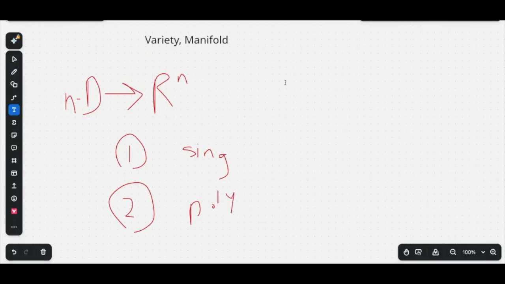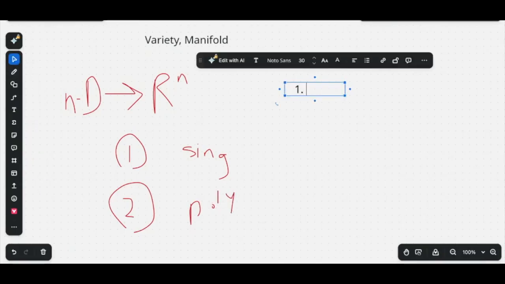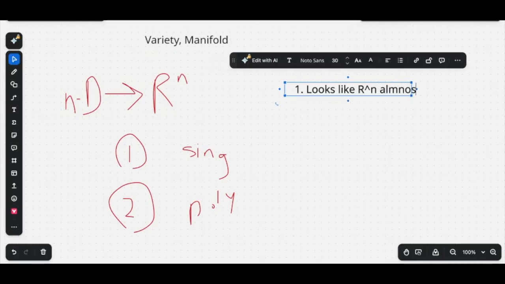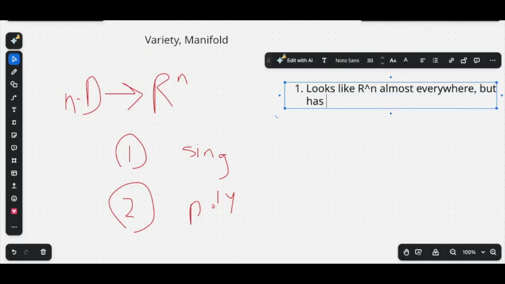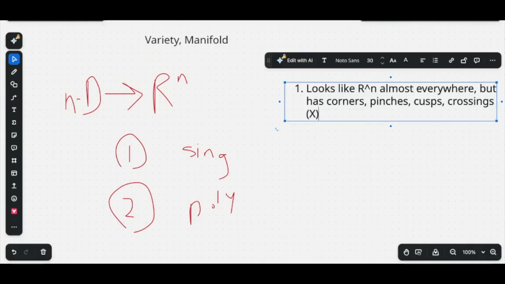So one is that it looks like Rn almost everywhere, but has corners, pinches, cusps, crossings, or X's as they call them.